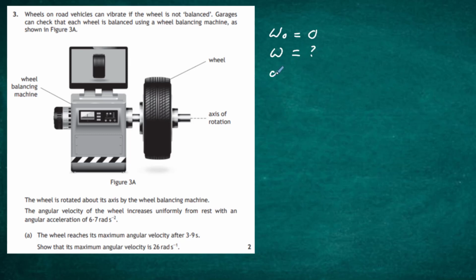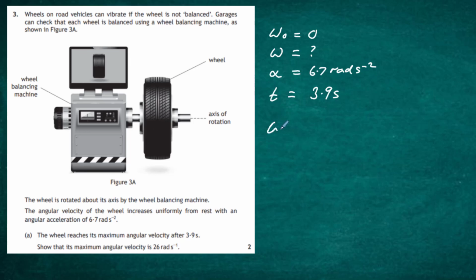We know the angular acceleration alpha, and that's going to be equal to 6.7 radians per second every second. And we also know that the time is going to be equal to, in this case, 3.9 seconds.